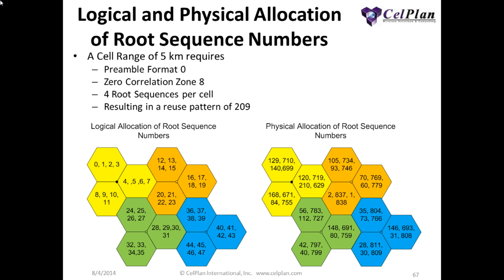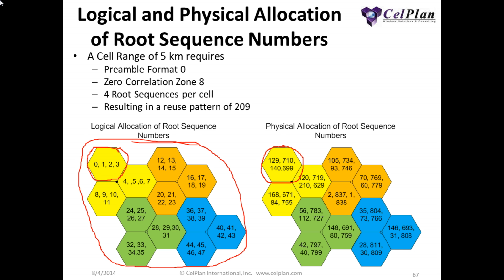So in this cell we will put 0, 1, 2, and 3. But in reality, after we use the table, the sequences adopted and that will be informed are 129, 710, 140, and 699.